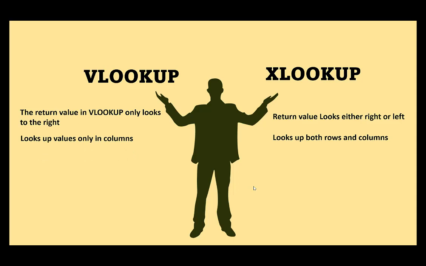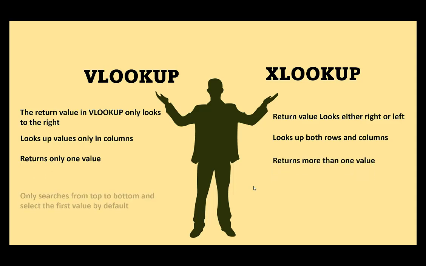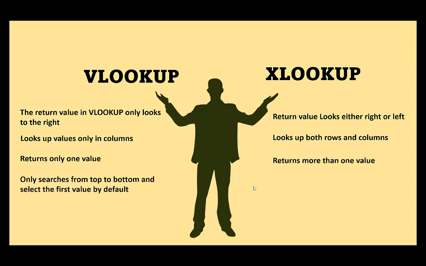VLOOKUP looks up values only in columns, while XLOOKUP looks up values in both rows and columns. VLOOKUP returns only one value, while XLOOKUP can return more than one value. VLOOKUP only searches from top to bottom and selects the first value by default, but XLOOKUP searches from both top to bottom and bottom to top.